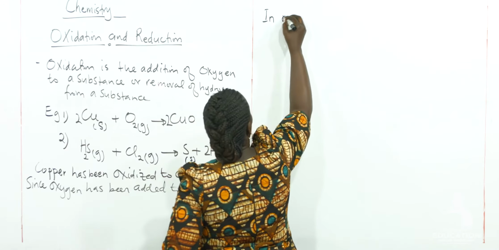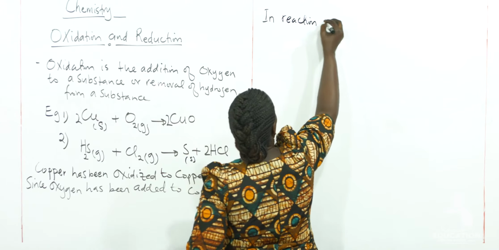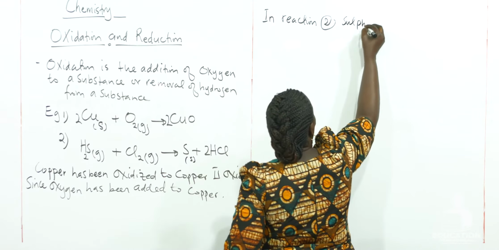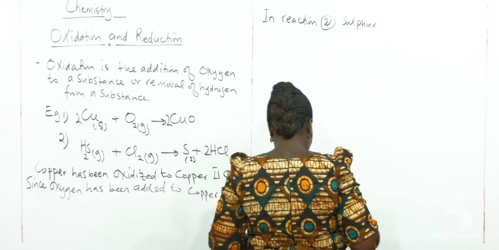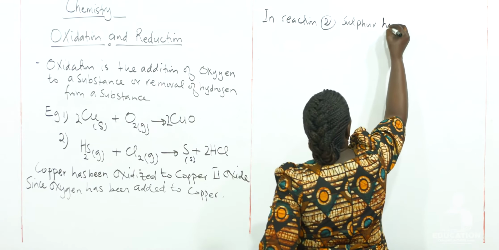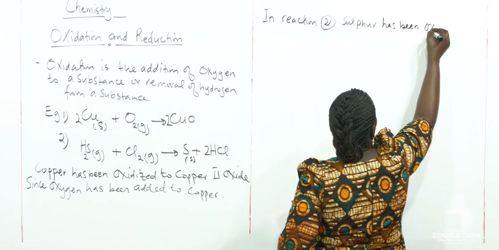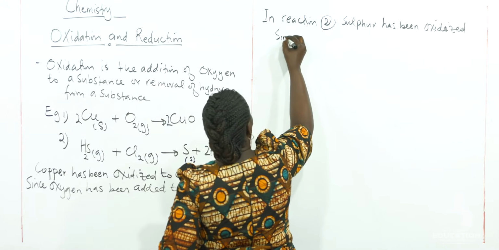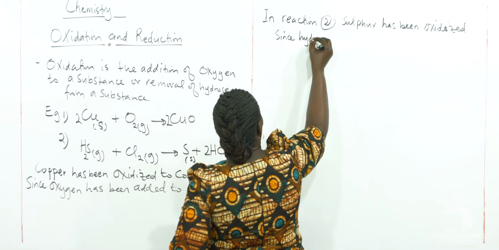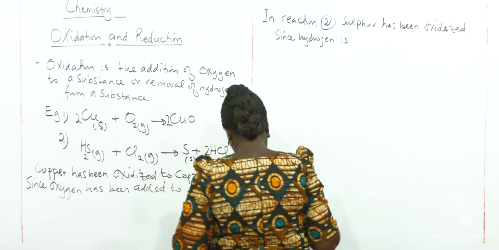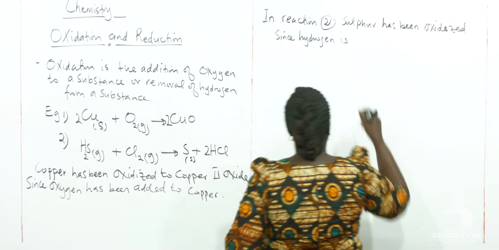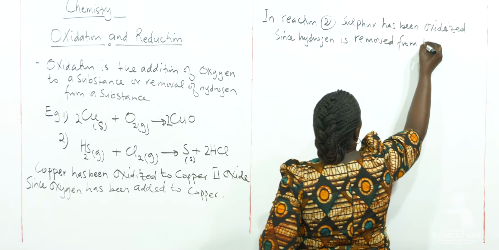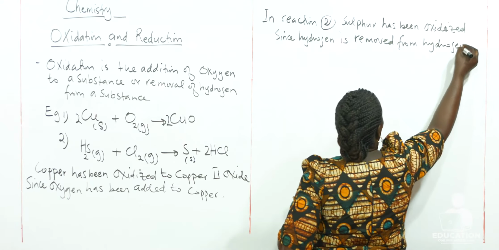So in reaction number 2, sulfur has been oxidized since hydrogen is removed from hydrogen sulfide.